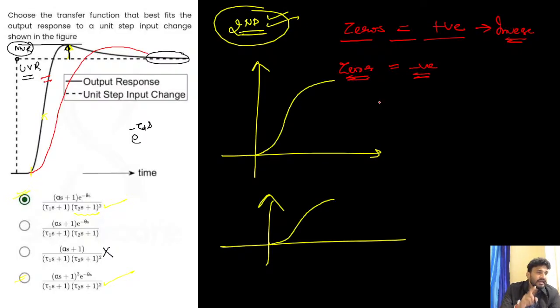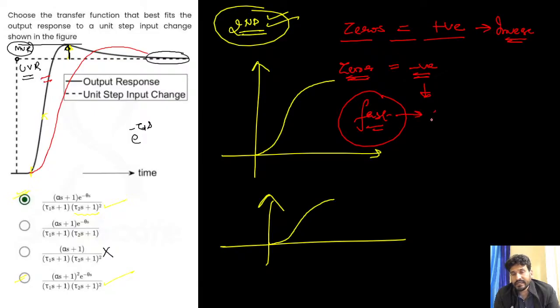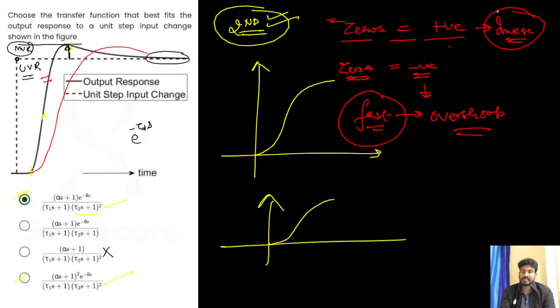If zeros are negative, this basically makes your system fast. If any transfer function has negative zeros, the negative zeros make the system fast and it leads to overshoot. And if zeros are positive, then it gives the inverse response. Is it clear to you?